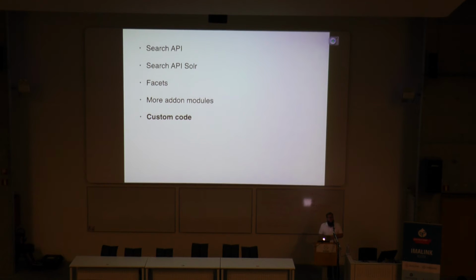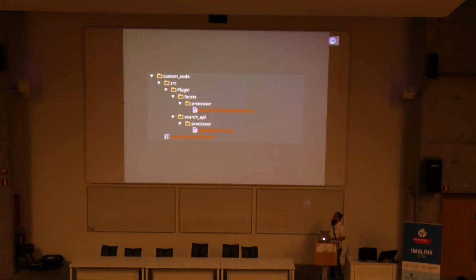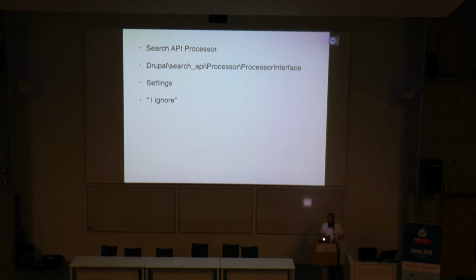So I'm going to show some custom code, or how to create custom code in Search API. So I created a small module, and I'm going to create a Search API processor. The use case for this is non-existent.